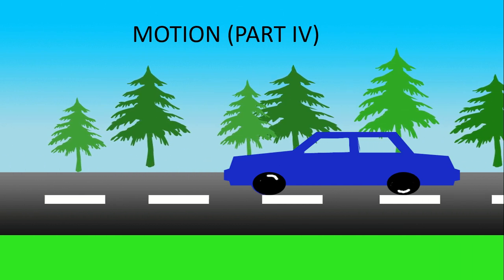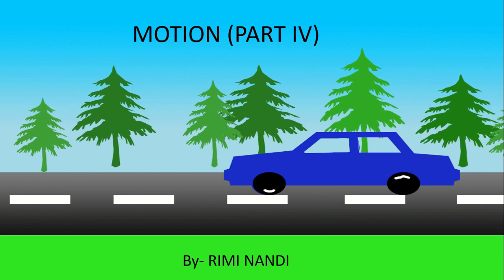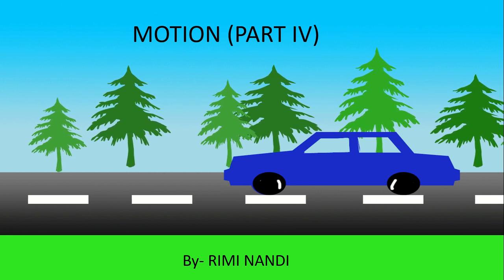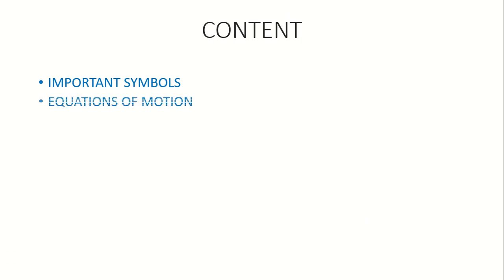Right, and you have learnt about so many topics in this chapter. There are a few more topics we need to do. Those topics are important symbols, which you have already done in previous videos, but it is a sort of revision for you.